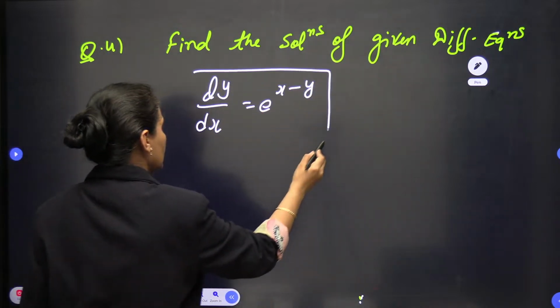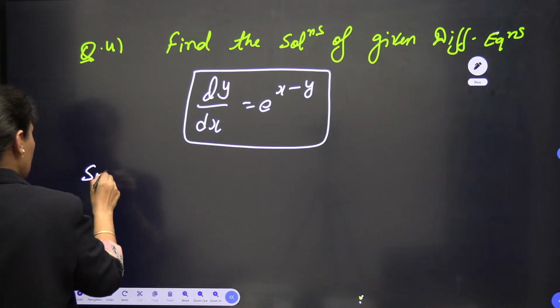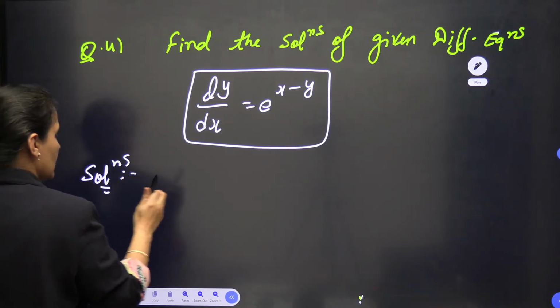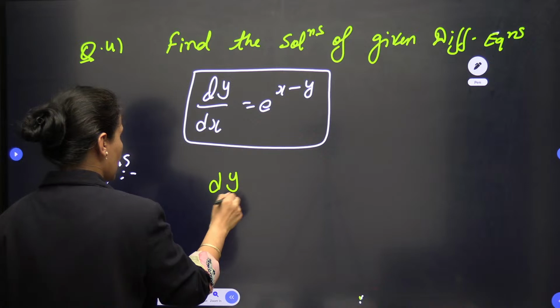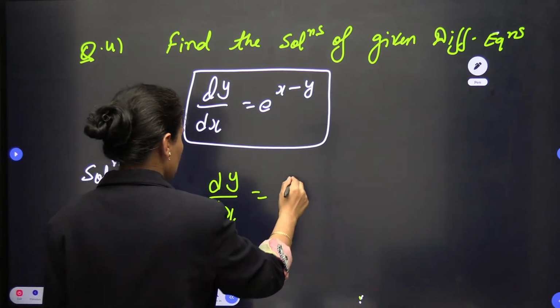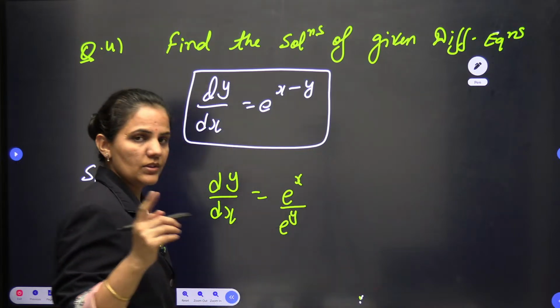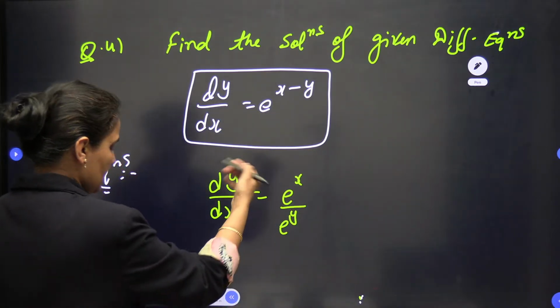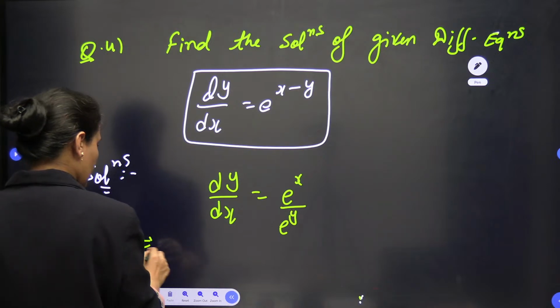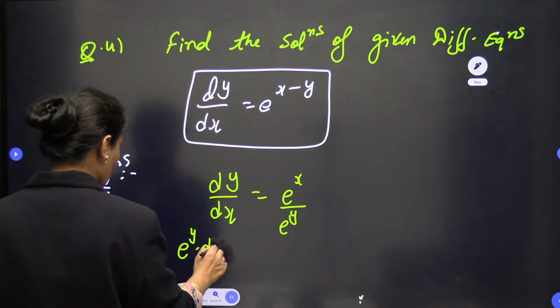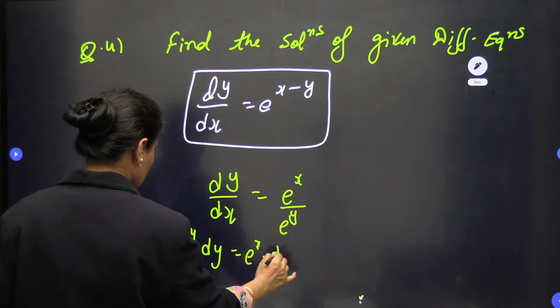So first of all, we can solve this question using the variable separation method. What I can do, I can write dy by dx equals to e power x into e to the power minus y, and then we can separate the variables. This is e power y dy, this is e power x dx.